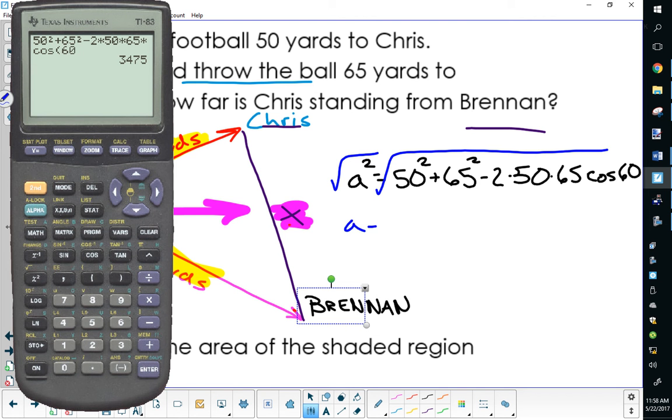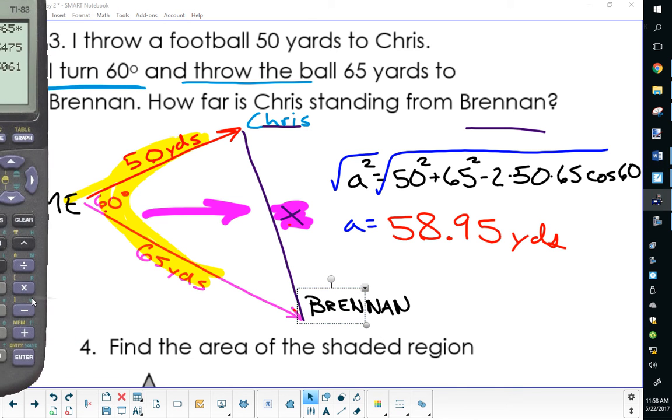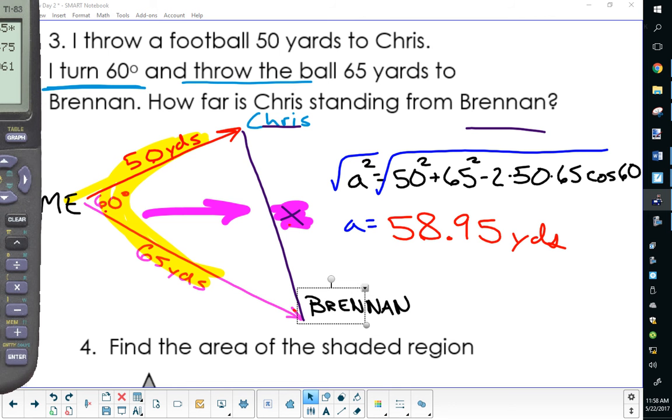So my side distance, A or X or whatever you want to call it, is the square root of 3,475, which is 58.95. That seems more reasonable for a distance considering we were at 50 and 65.